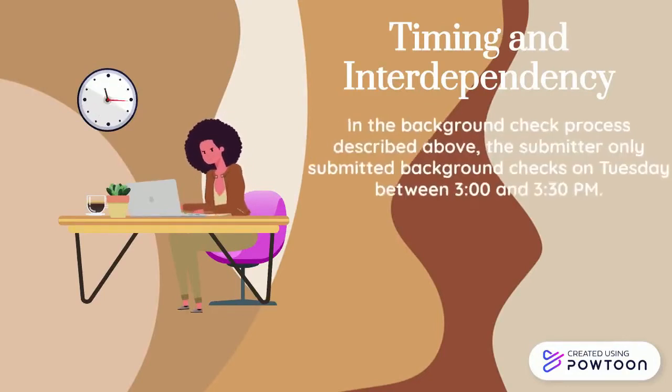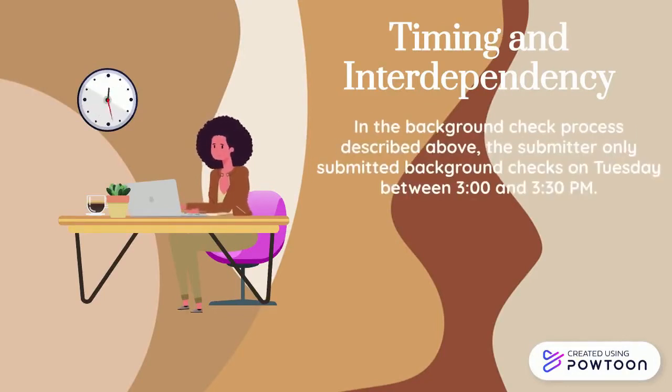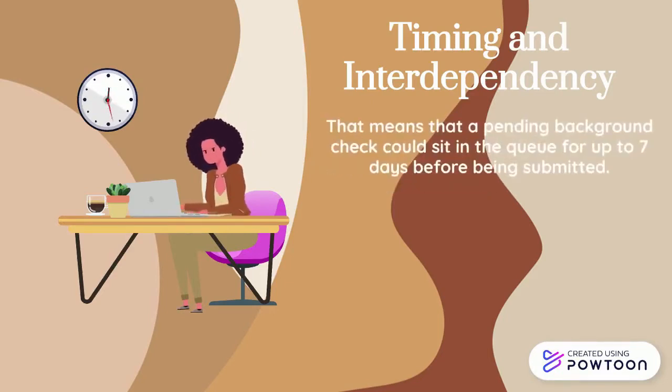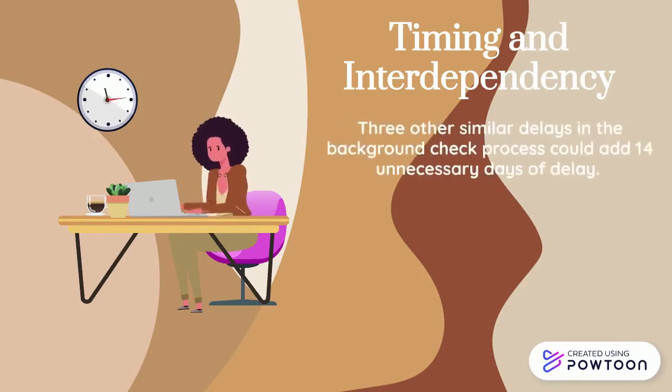In the background check process described above, the submitter only submits background checks on Tuesday between 3 and 3:30 p.m. That means their pending background check could sit in the queue for up to 7 days before being submitted. 3 other similar delays in the background check process could add 14 unnecessary days of delay.